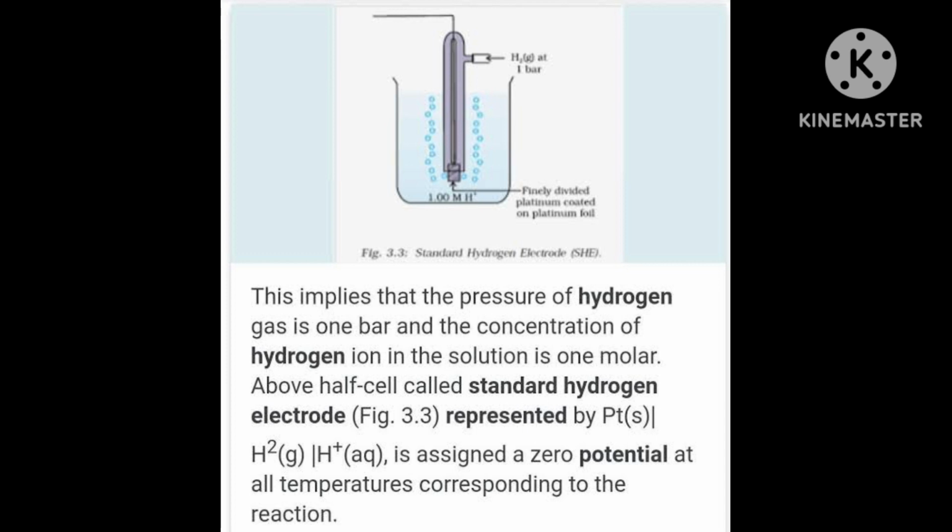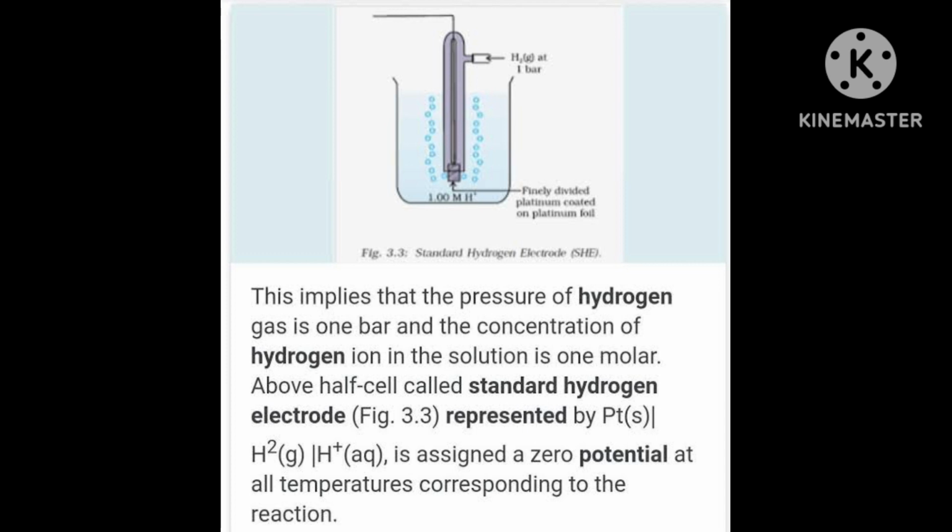The hydrogen gas electrode should always maintain 1 bar pressure, pure hydrogen gas. And in a beaker you have taken HCl, its concentration is 1 M, at normal temperature, 25 degrees, room temperature.